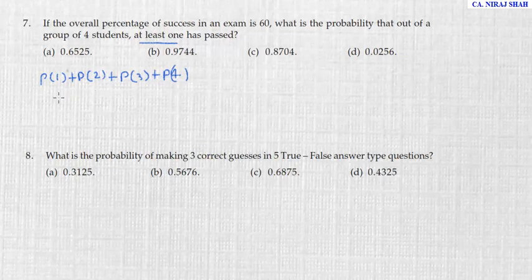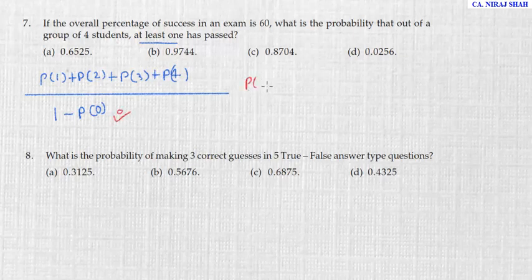And the second way is just to find out P0 and deduct it from 1, and we'll get the probability of 1 or more than 1. I am going to use this way here because it will be very easy.